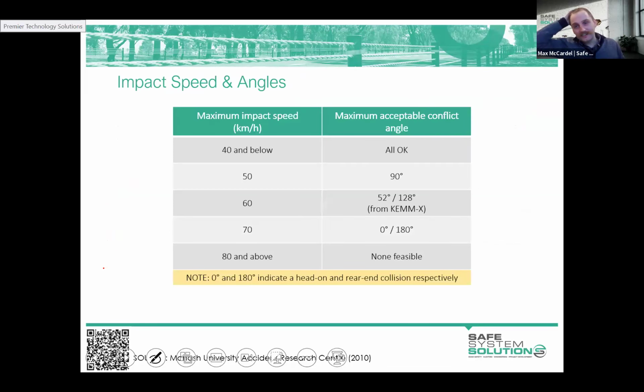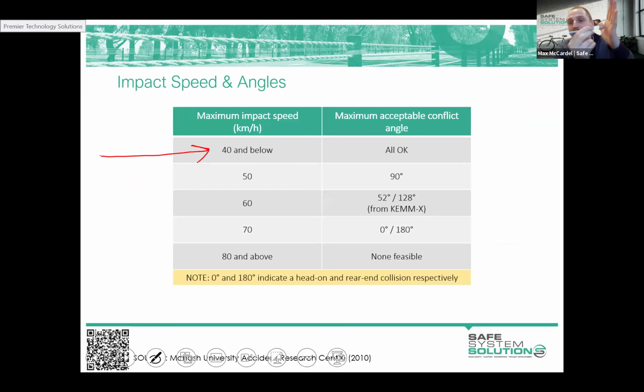They managed to condense this research into this table here, which is basically acknowledging what those biomechanical threshold levels are. And it's saying if you've got an impact speed, that is the bullet vehicle impact speed, of 40 or below, it's likely within that survivable range, regardless of the angle.